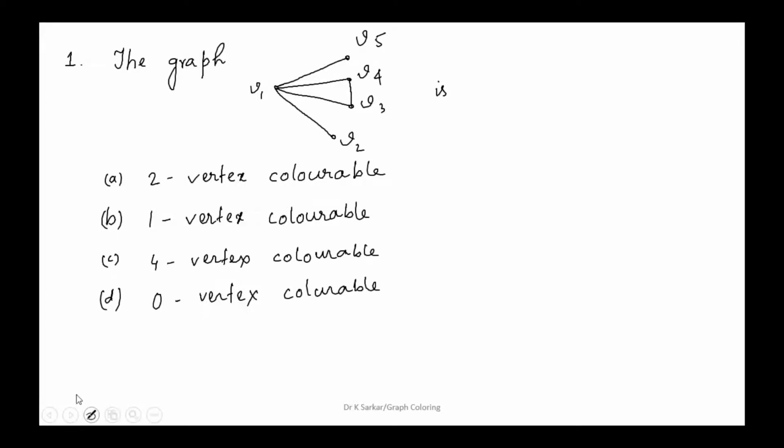Here we have dark red, red, orange, yellow, light green, green, light blue, blue, dark blue and purple colors. Now let us color V1 with red.